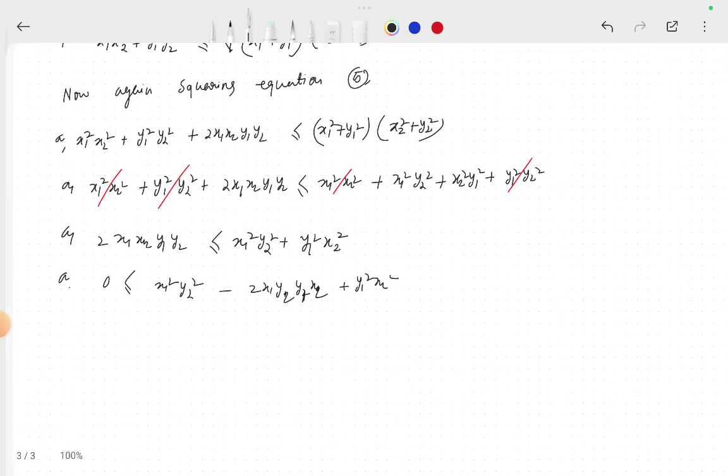Okay, so it is equal to, actually, mod of (x1 y2 minus x2 y1) squared, which is greater than or equal to 0.